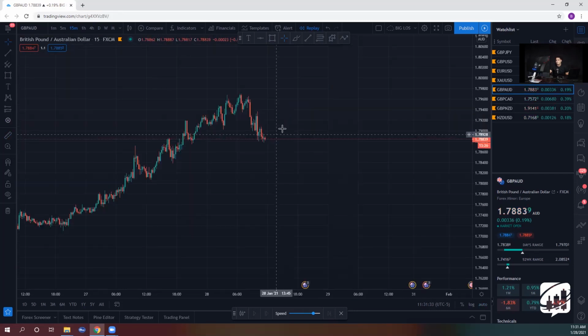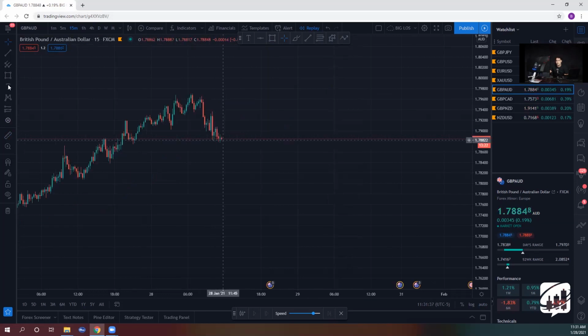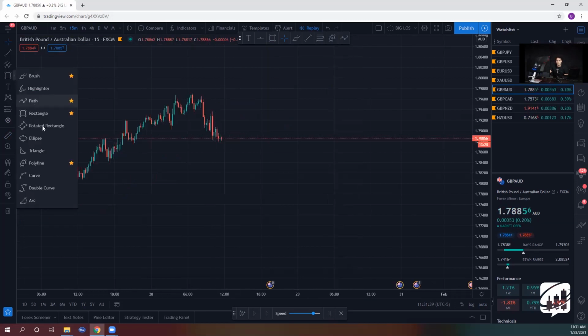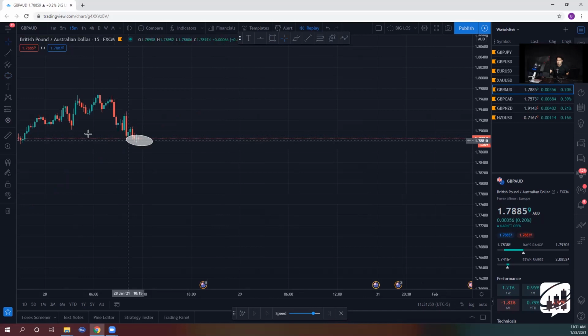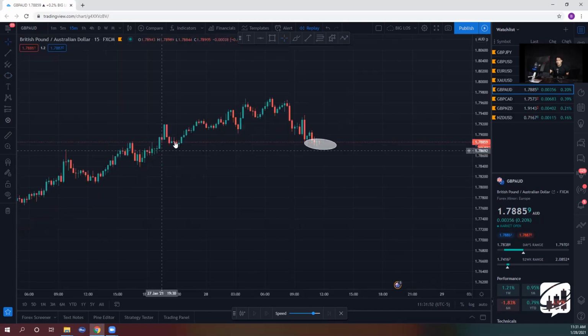On the 15-minute, we're buying right here still. So the previous lower high, if we look here, we're buying.